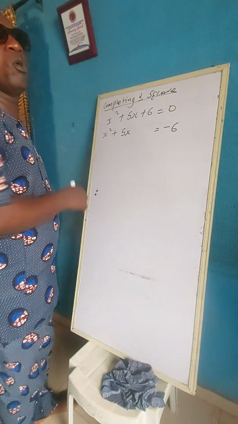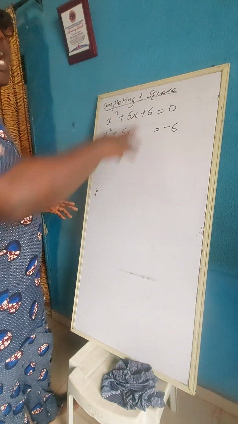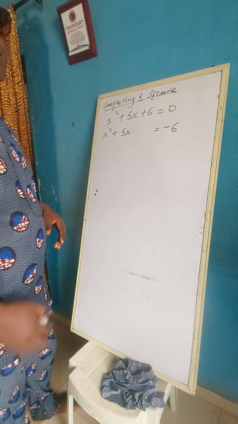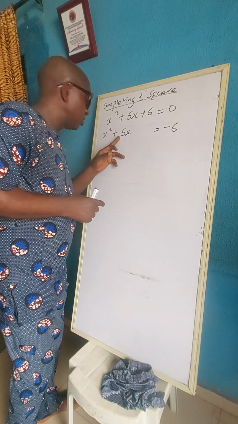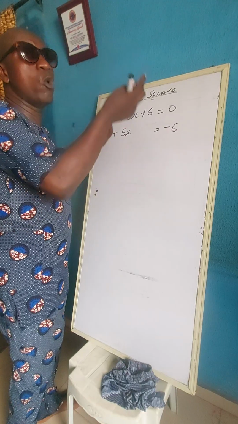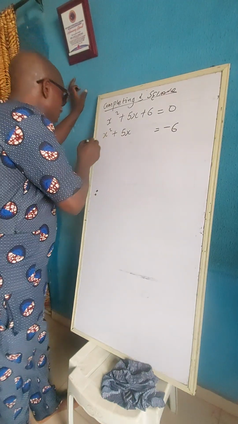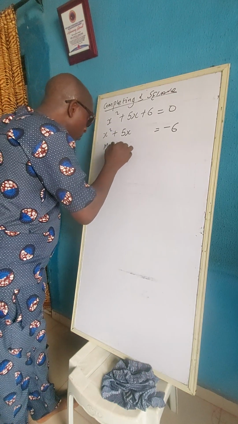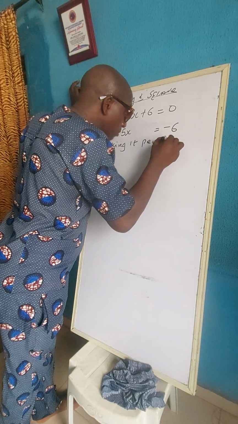We make sure that the third value here, we inscribe it and we put the other one at the other side so that we balance it. It means we divide the middle term by 2 and we square it and we balance it at the other side, making it a perfect square.